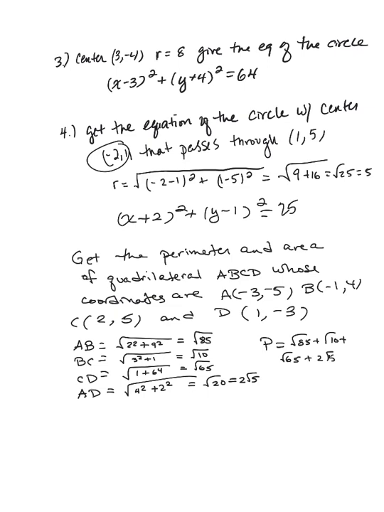Okay, now for the area. I'm going to use the shoelace method, A, B, C, D, A. So I'm just going to write down my points, and then I'll multiply diagonally. When I multiply diagonally, on the right I get -12, -5, -6, -5.